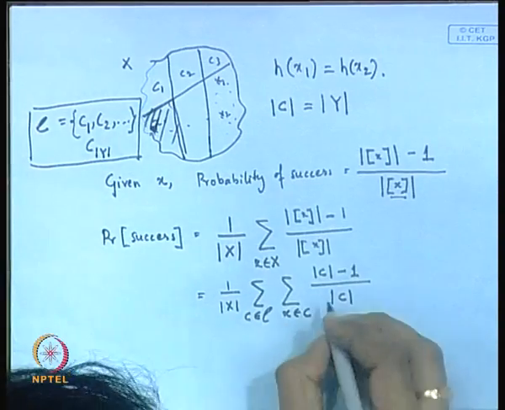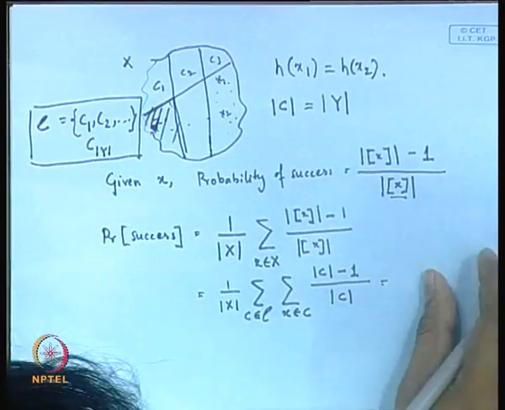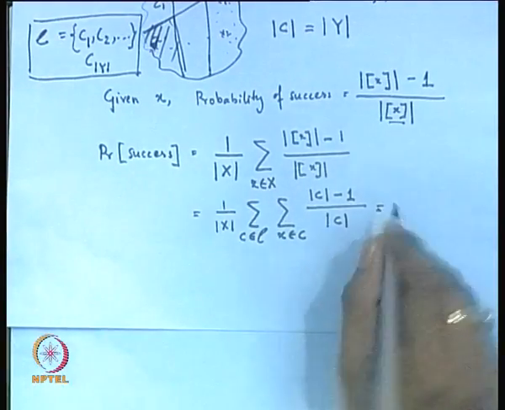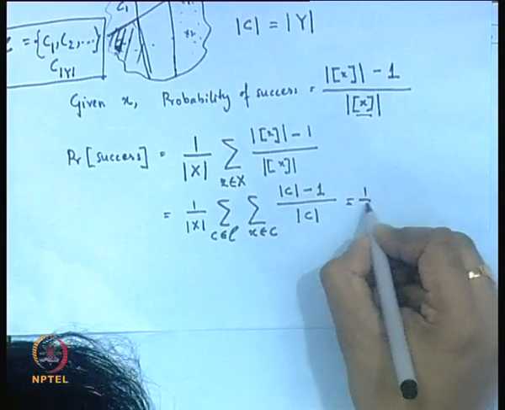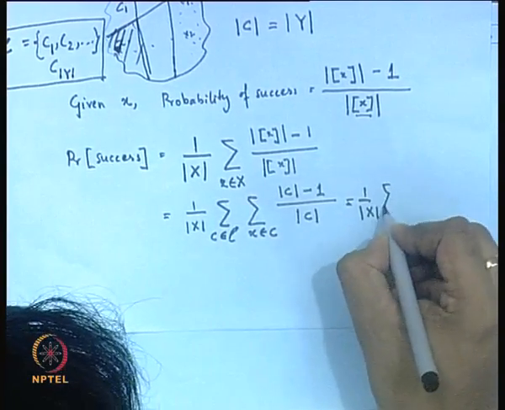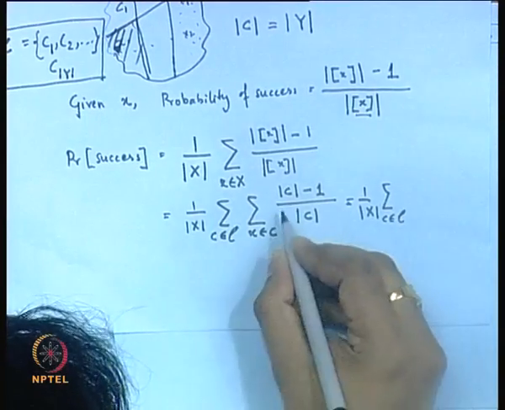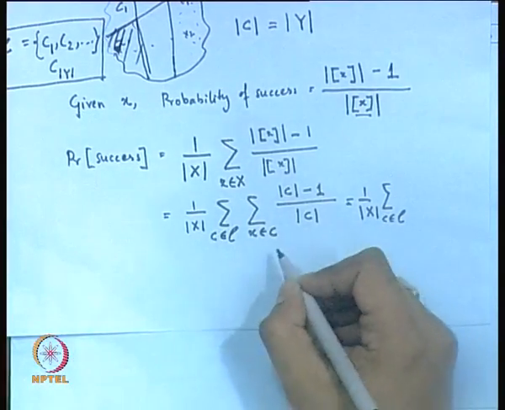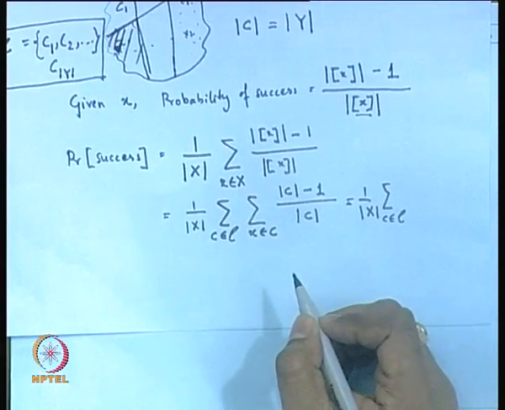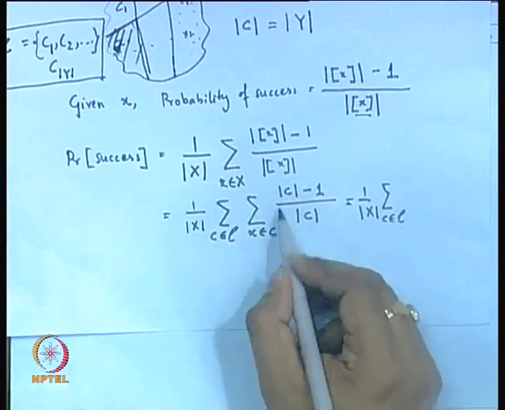So this will compute to 1 by cardinality of x, and I keep this sigma, which is for all the values of x which lie in the collection C. How many values are there? There are cardinality of C values, and the summand is a constant.